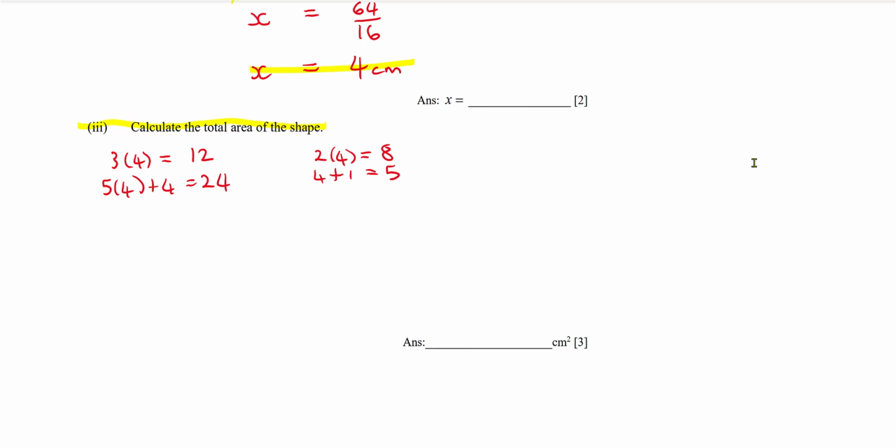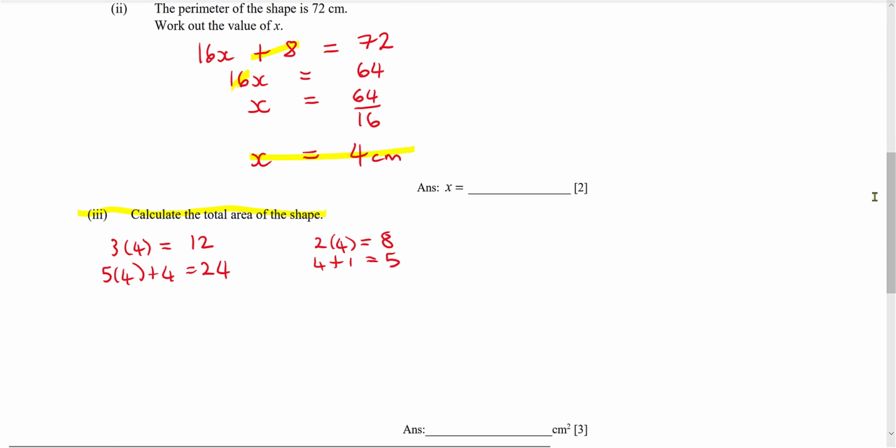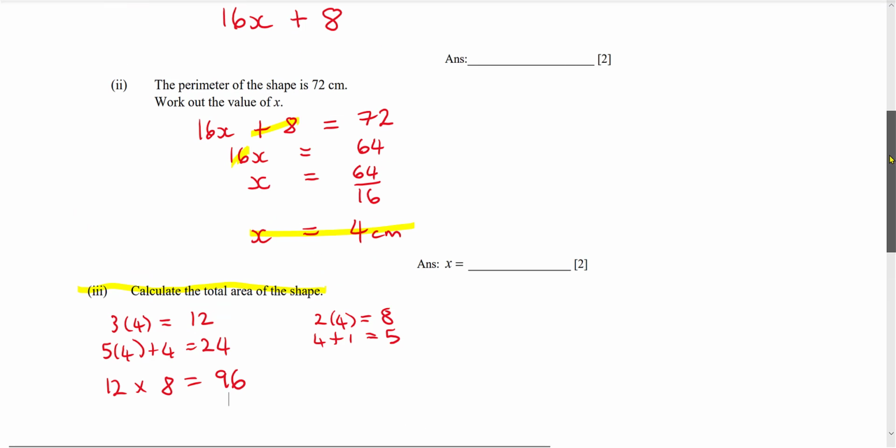And then we can work out those areas. That first rectangle was 12 times 8, so we can put that in. 12 times 8 is equal to 96 centimeters squared.